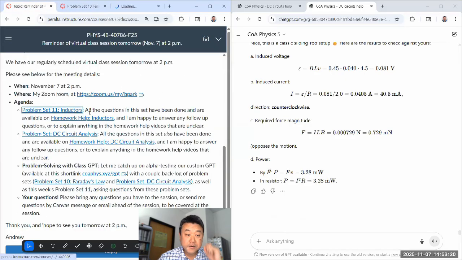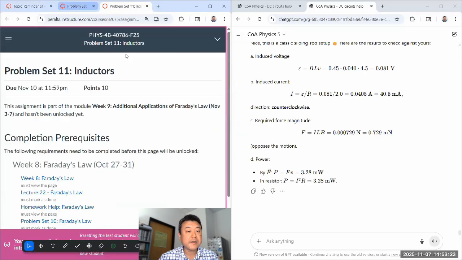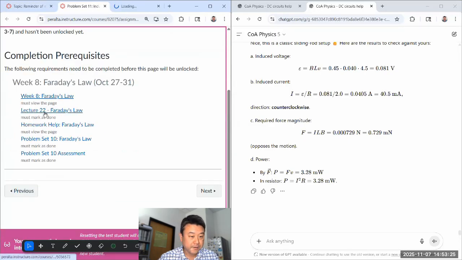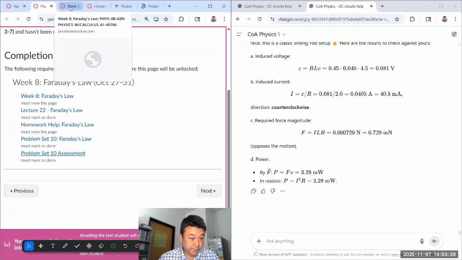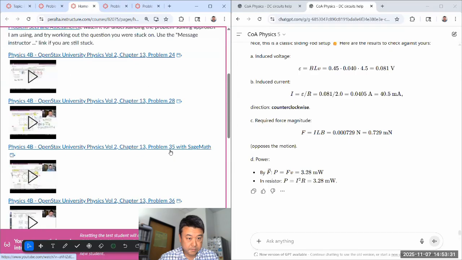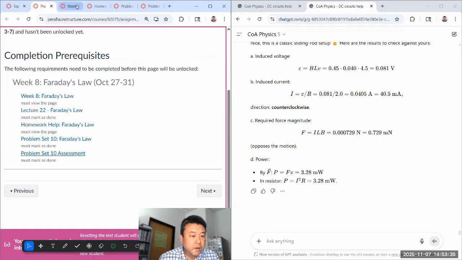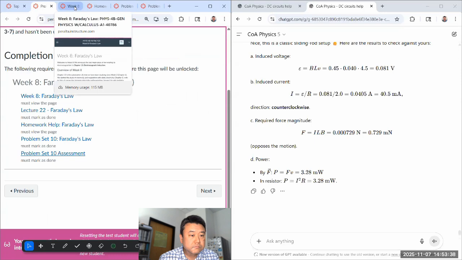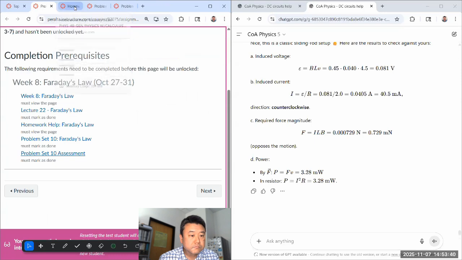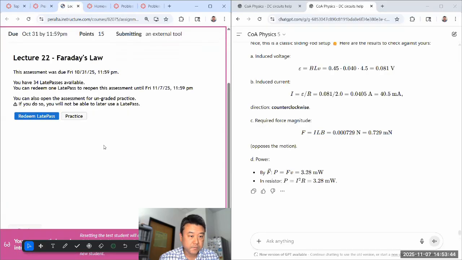So, inductors. It's a pretty short set. Oh, and I have to clear this. So view, mark, wait. Oh, I must have skipped lecture 22. Yeah, that confused me.